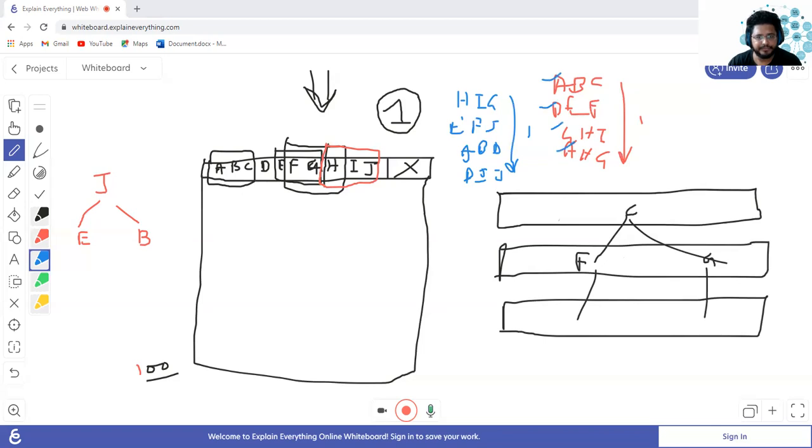And this is for one bootstrap data. I can again create a new bootstrap data and create n more trees, right? So there is no limit to how many trees I can create for my data set.